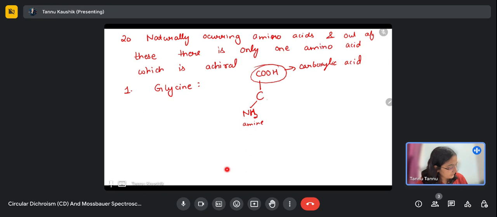It will also have a hydrogen atom, and there will be one substituent. Based on this substituent, there are 20 different amino acids, and it can be aliphatic or only hydrogen. If only a hydrogen atom is present, then it will be glycine.